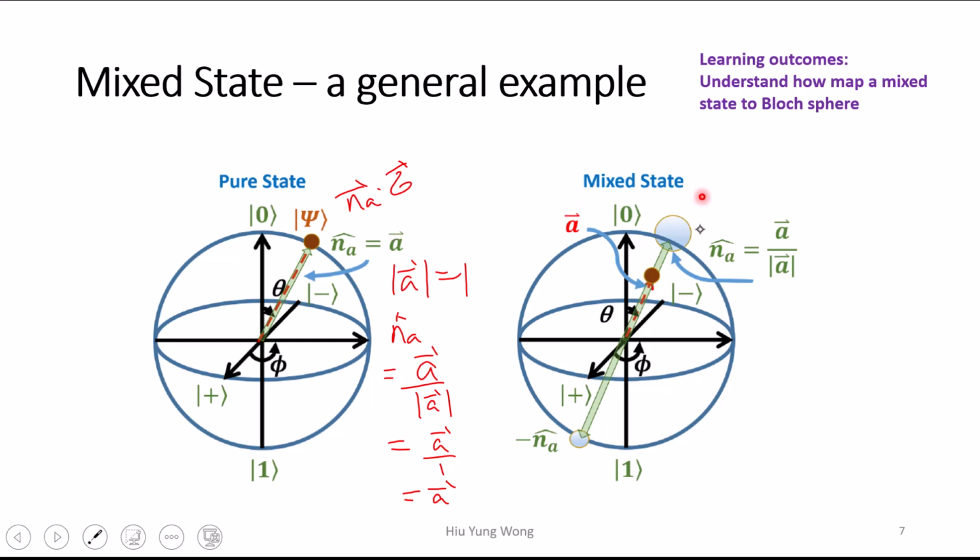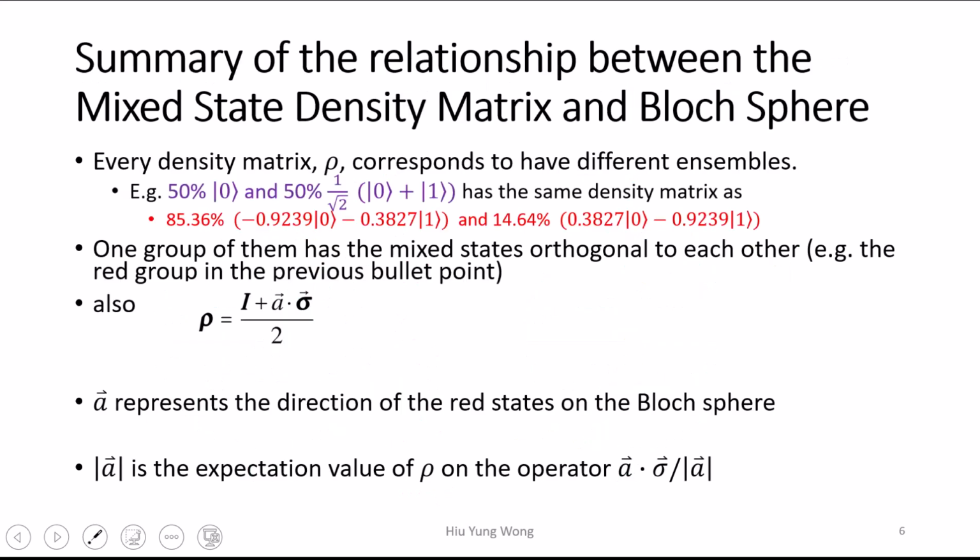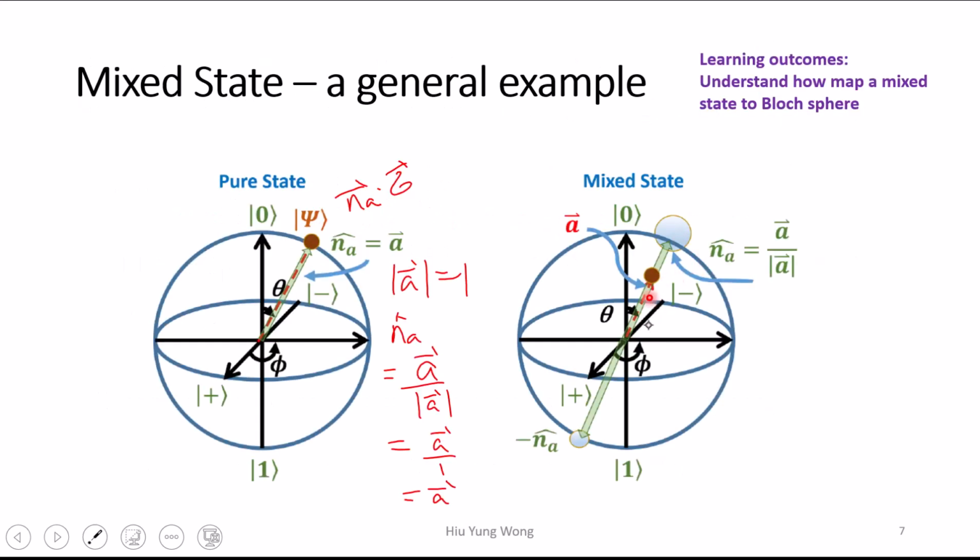Now, for a mixed state, it will be different. I told you that for each mixed state, there are many possible mixtures that can give you this mixed state. But one of them will give you the orthogonal states. And these orthogonal states will be along this NA, this Bloch vector, right? It is short, but when you normalize, NA is like here. But along this, it's just like I have a state here, I have an orthogonal state here.